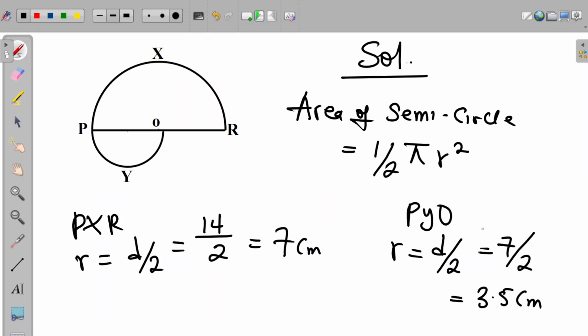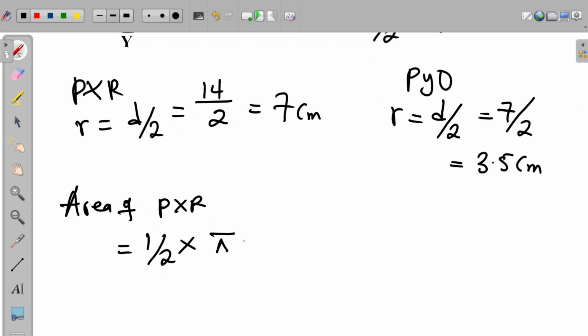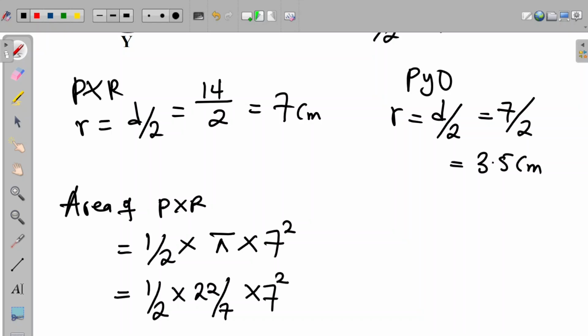Now let's obtain their areas. So we have that area of PSR will be giving us 1 divided by 2 times pi times 7 squared. This is equal to 1 divided by 2 times 22 divided by 7 times 7 squared.